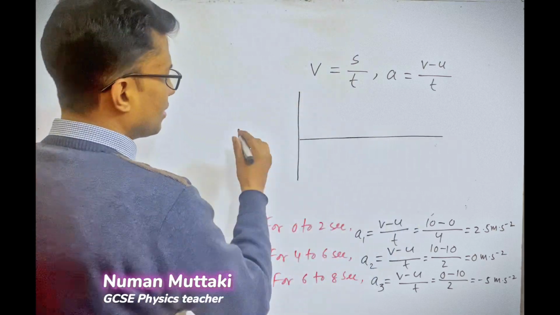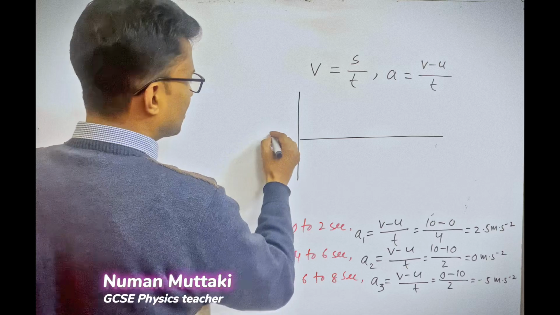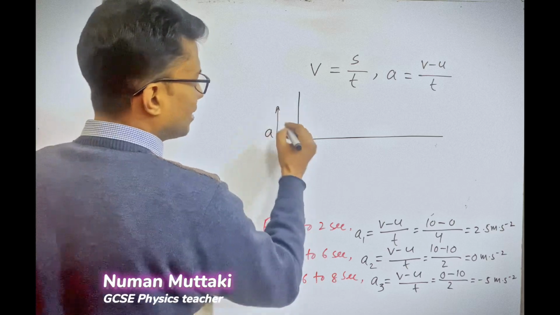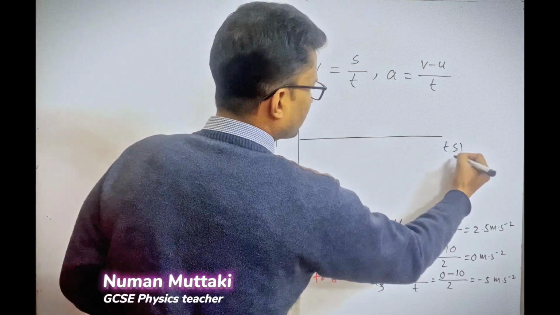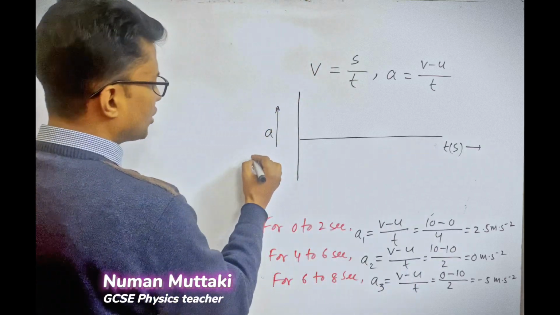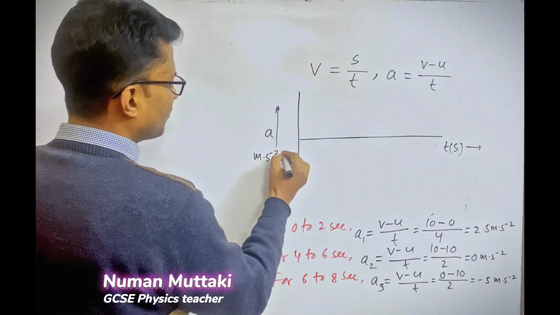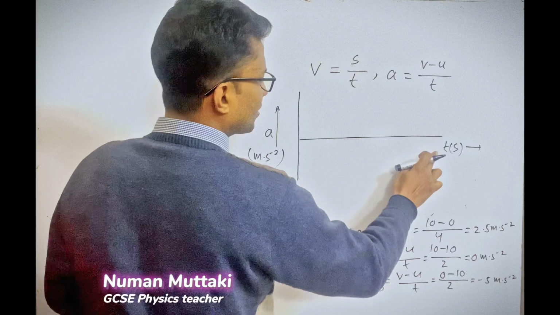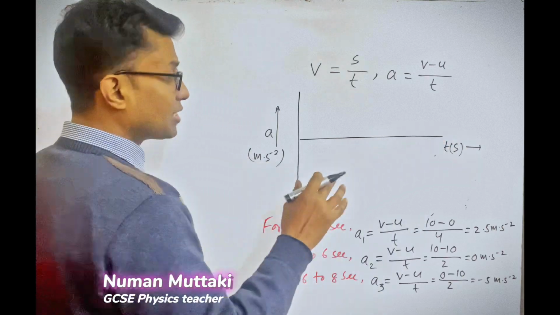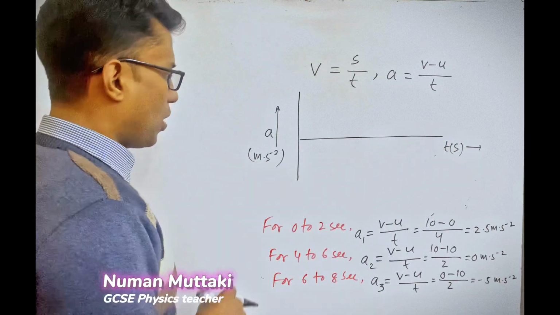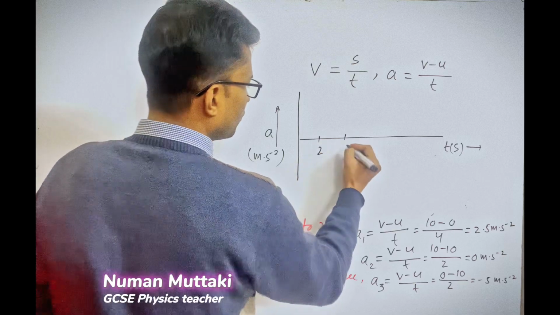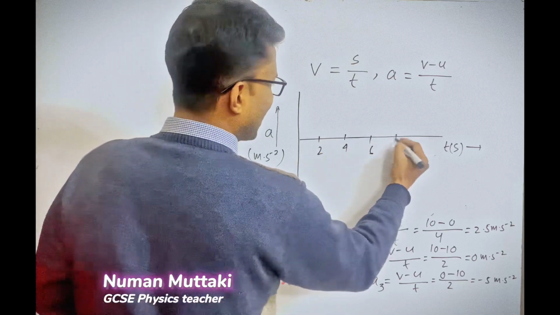This line represents the acceleration, and this line is for time. The unit of acceleration is meters per second squared, and the unit of time is seconds. The times given were 2, 4, 6, and 8.